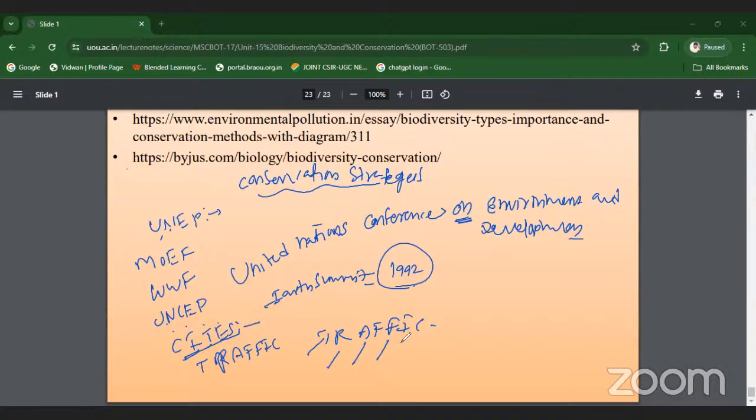Another important thing in taxonomy is the taxonomic orders. As I explained before, orders like Poales, Amentiferae, different types of orders, and Tubiflorae. Just remember the families in a particular series, in a particular order.